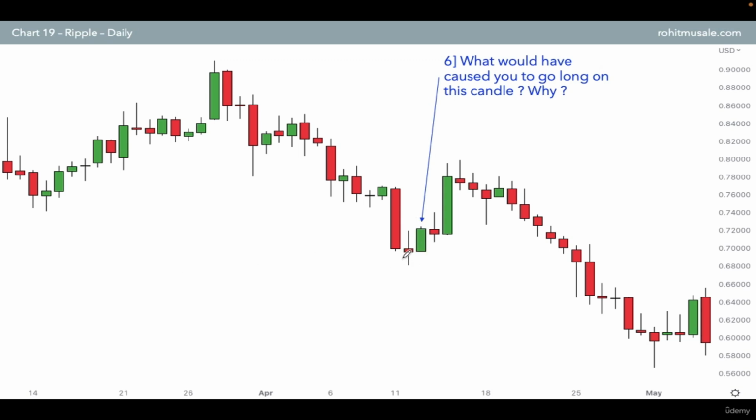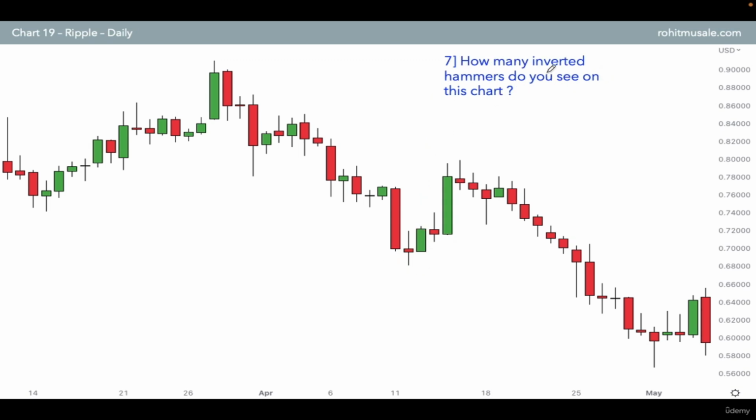And third, since both of these are completing a bullish engulfing pattern, ideally I want to see a taller second candle. So those were 2 or 3 things I would look for. And the most important thing is the confirmation of the prior support. That would have caused me to go long on this candle.